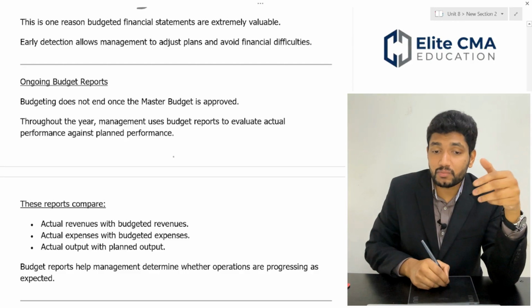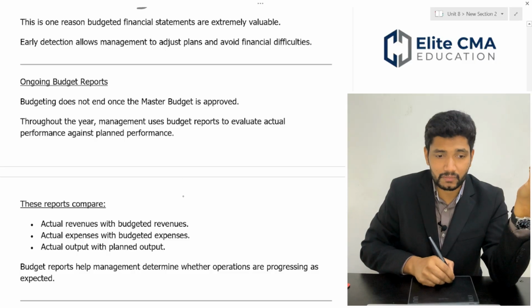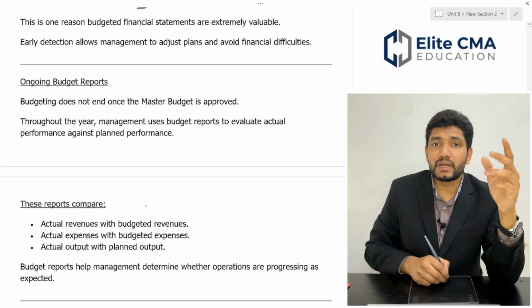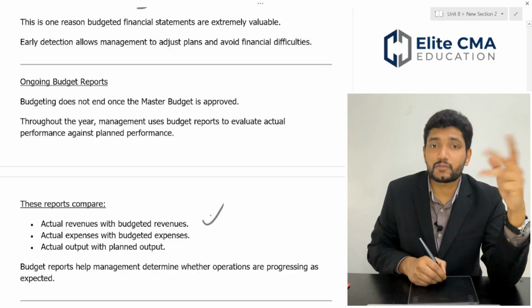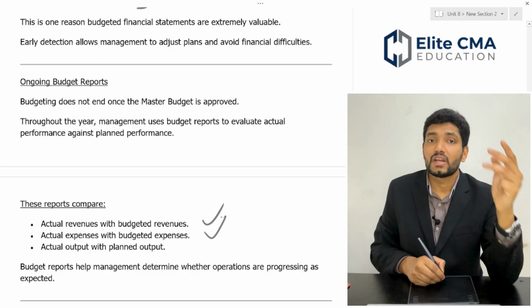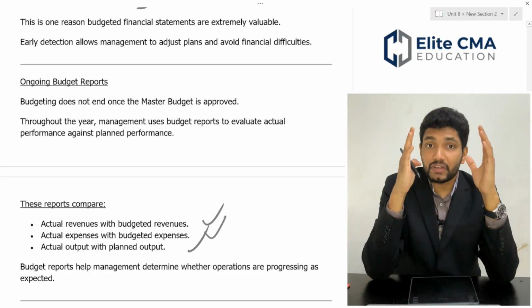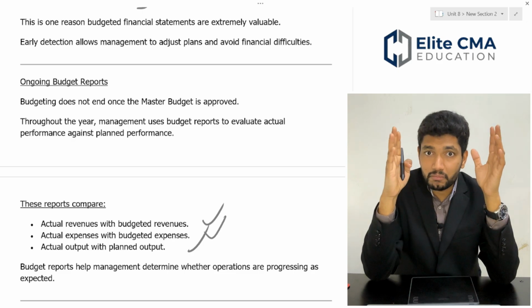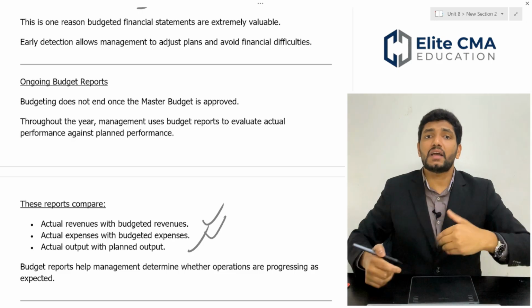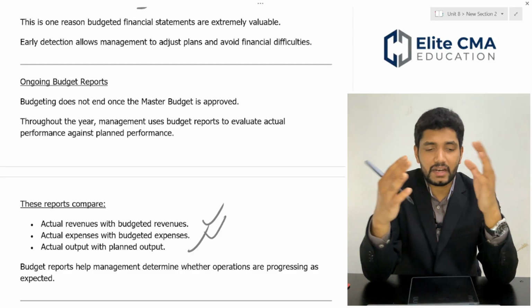The management uses budget reports to evaluate actual performance against planned performance. This report compares your actual revenue with the budgeted revenue, actual expenses with budgeted expenses, and actual output with planned output. This comparison helps the management see any deviations between budgeted and actual, and make corrective actions in advance.